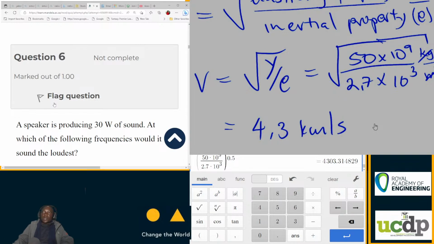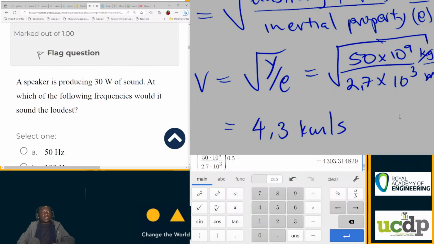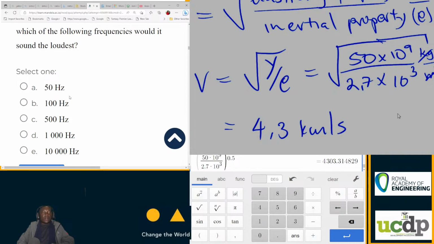So question 6, a speaker is producing 30 watts of sound. At which of the following frequencies would it sound the loudest?